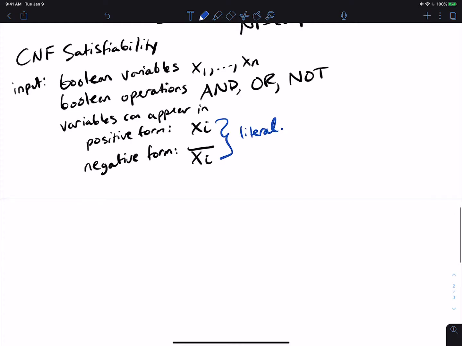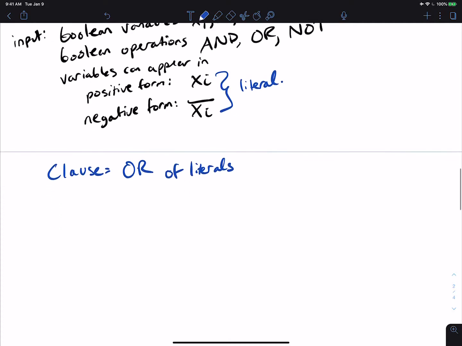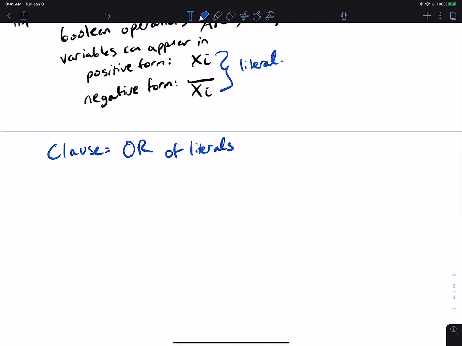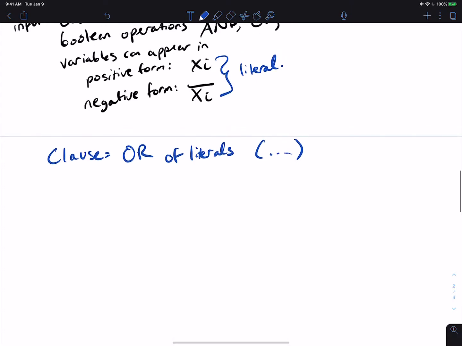And now the important part. I can define variables and operations, and we can compose variables in various ways. But the important thing here is something called a clause. Not Santa Claus, just a normal clause. This is an OR of literals, surrounded by parentheses. For example, we could have x1 or not x2 or not x3.